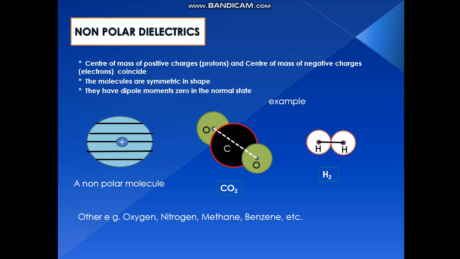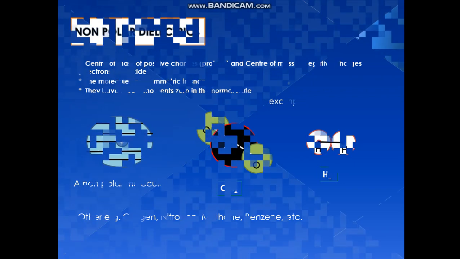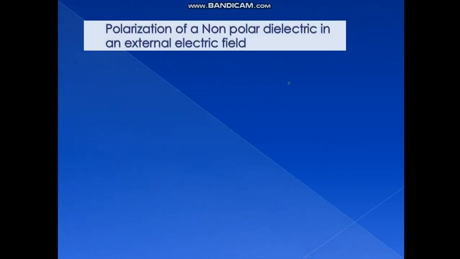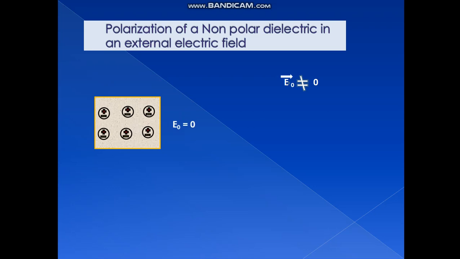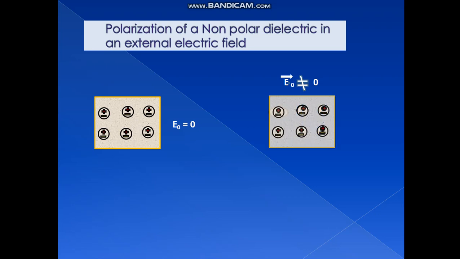Now let us see what happens when they are placed in an external electric field. When a non-polar molecule is placed in an external electric field, it gets polarized. So when E0 is 0, they do not have dipoles. The moment an electric field is applied, they form dipoles.